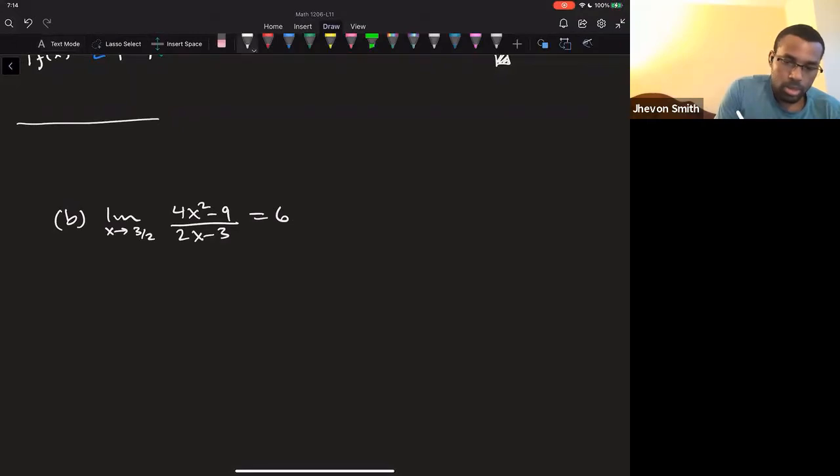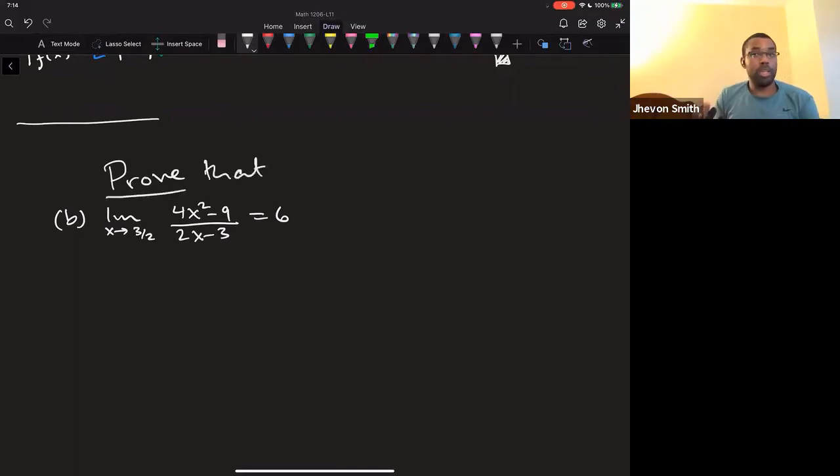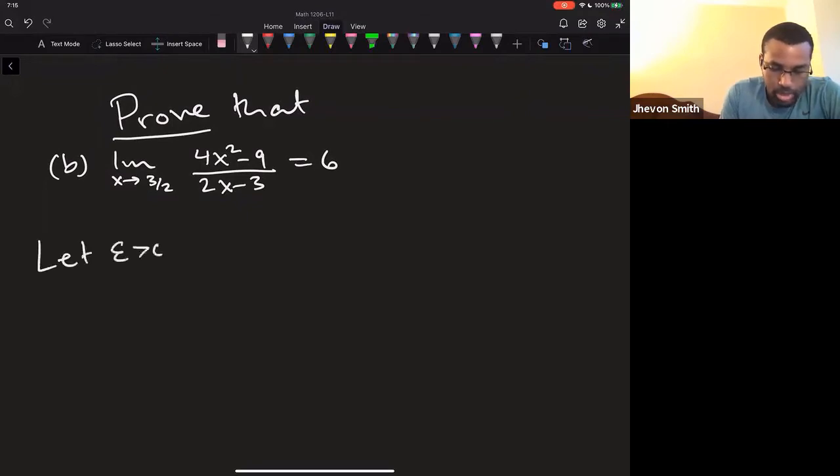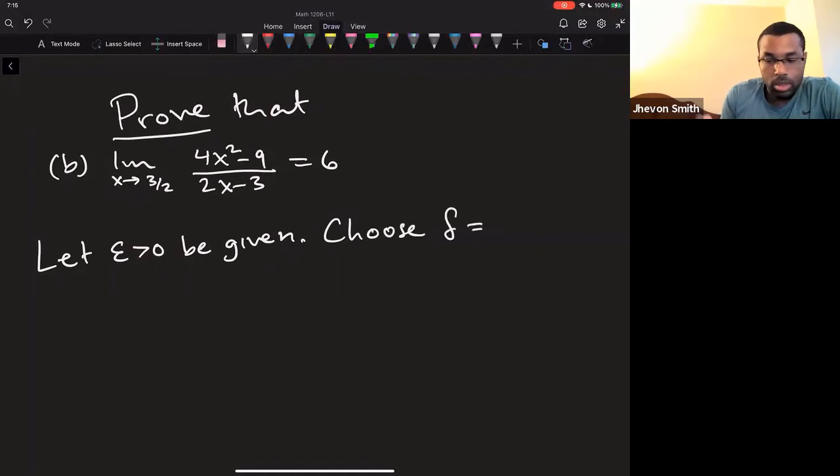Here, prove that this limit equals 6. So how are we going to do it? Well, same way we always do it. Same thing we do every night, Pinky. Let epsilon greater than 0 be given. Choose delta equals blank.